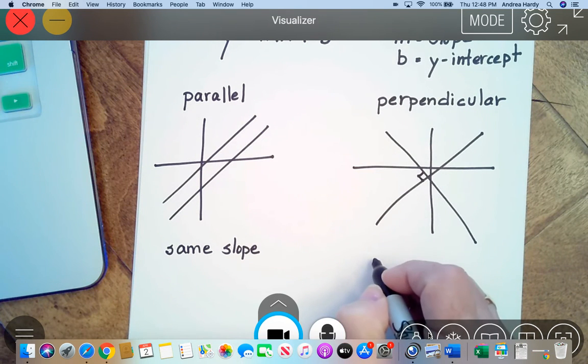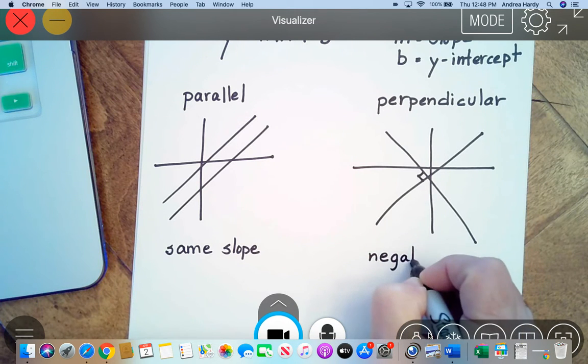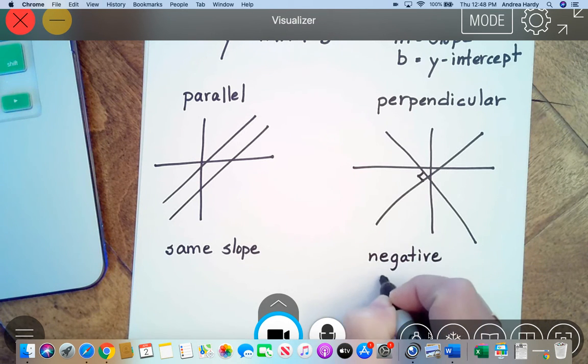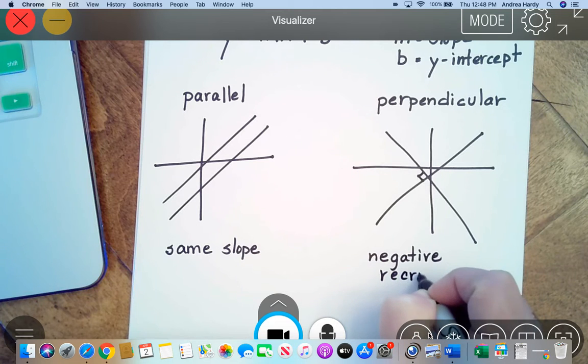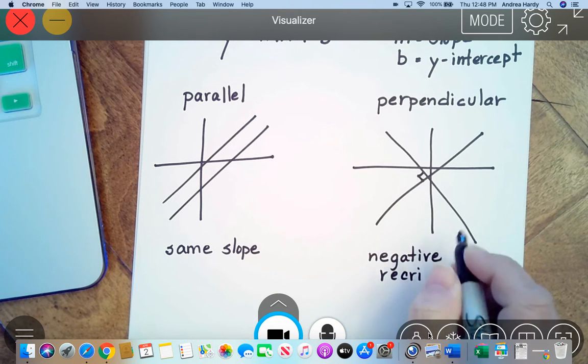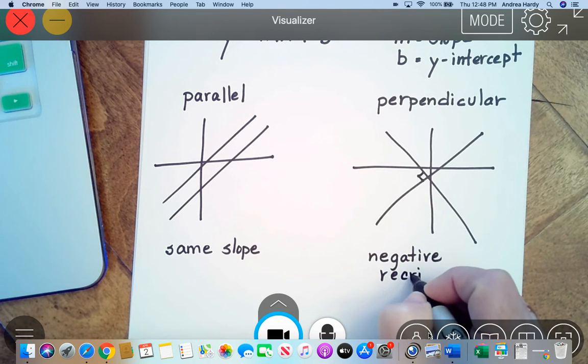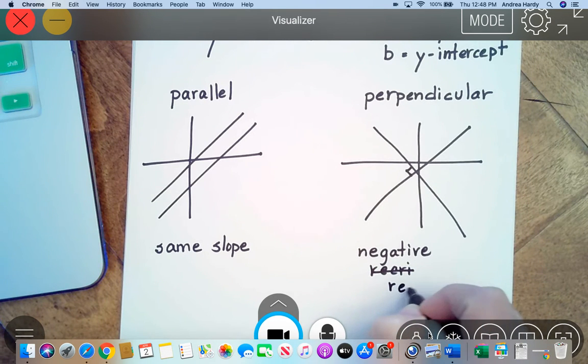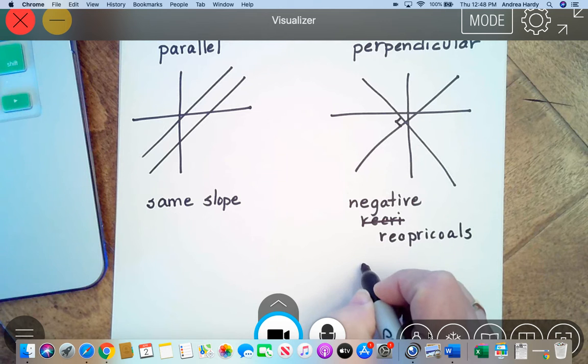So their slopes are called negative reciprocals. Okay? They're negative reciprocals.